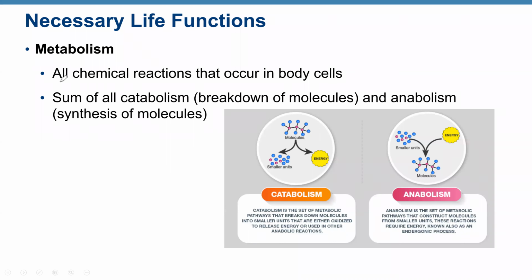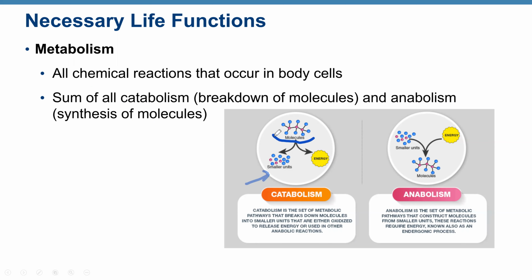Now, metabolism is all chemical reactions that occur in body cells. It's a sum of all catabolism. Catabolism is breakdown of molecules, and anabolism, that is synthesis of molecules. So metabolism, because metabolism is all chemical reaction, it will include catabolism here.